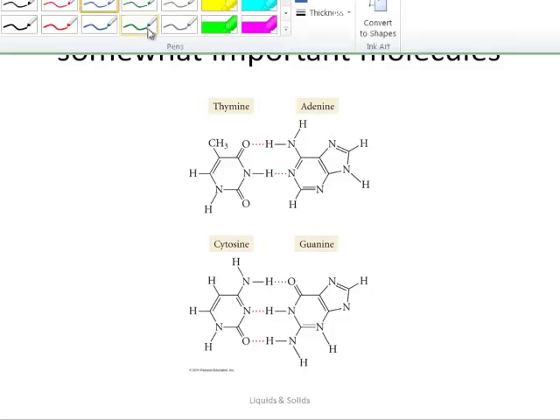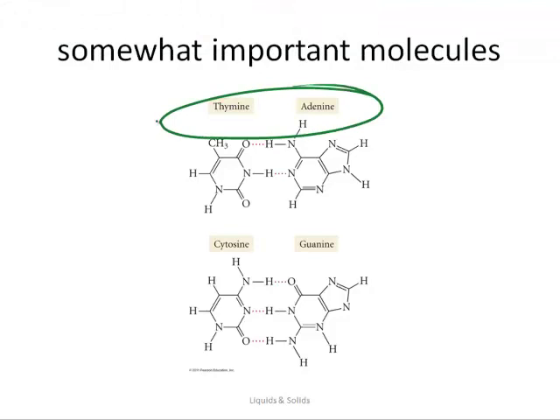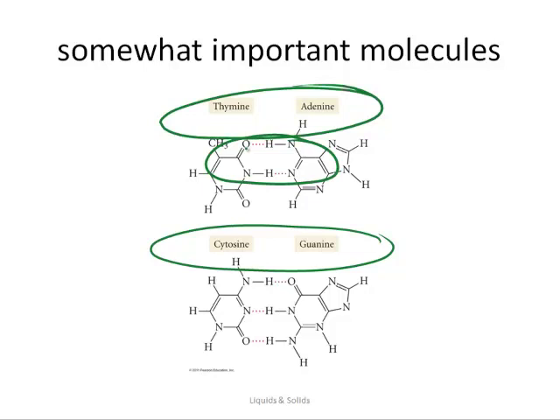Thymine nucleotides connect with adenine, TA as they're often called, or AT, and cytosine connects with guanine. And the reason they do so in that sequence is because thymine and adenine have 2 connections for hydrogen bonding. Cytosine and guanine have 3, and so that's why they link up in that specific sequence.